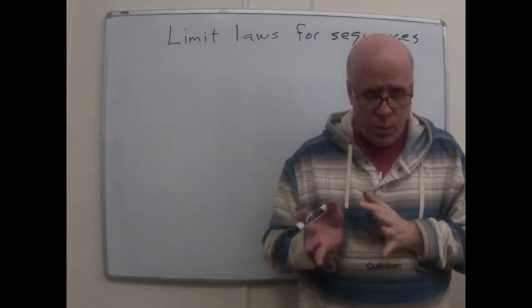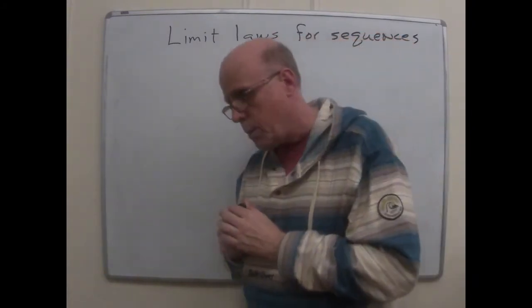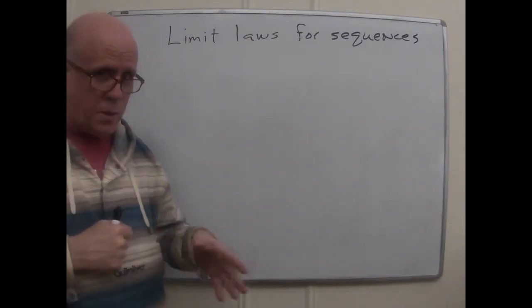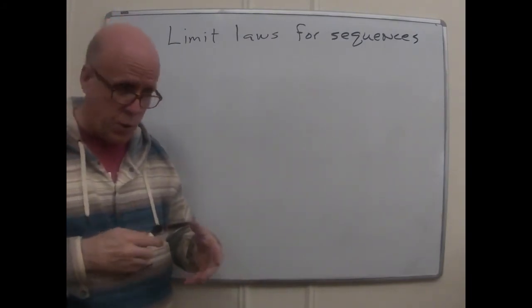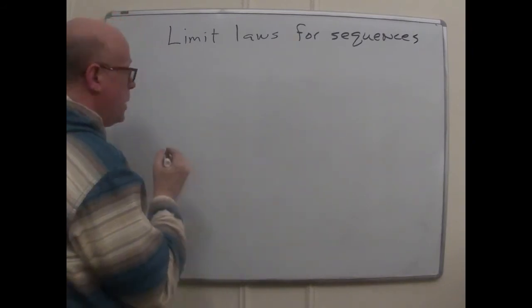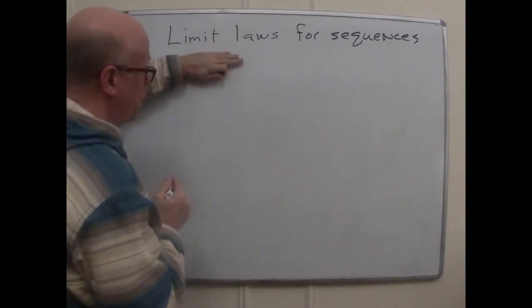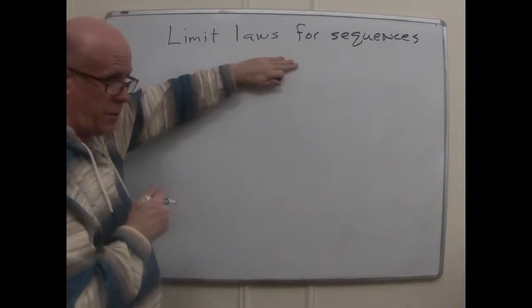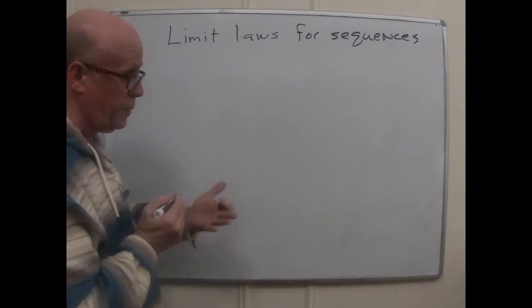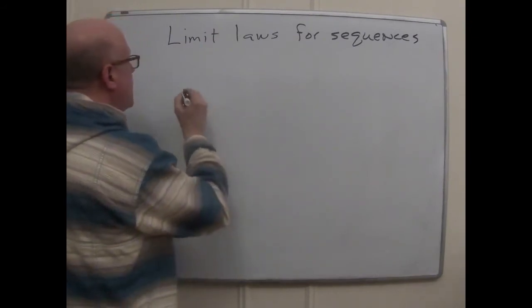So a consequence of the way we define the limit for a sequence is that sequence limits obey the same rules that limits for functions did. In particular, we're thinking about limits as you go to infinity. So that means there are limit laws for sequences, and honestly, these are all just reflections of laws we learned about limits previously when we were dealing with functions.